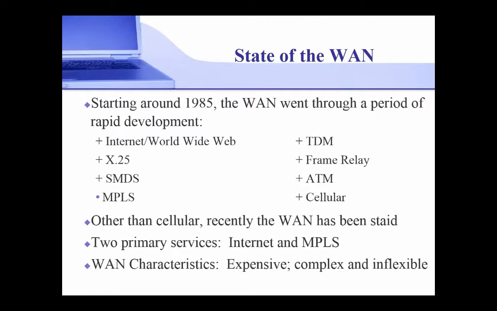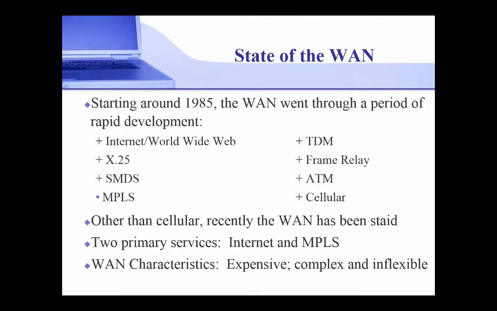And then around the year 2000, we began to deploy MPLS, multi-protocol label switching. I suggest that since around the year 2000, other than cellular, the deployment of 3G, 4G, and now we're looking at 5G, the WAN has been very staid. For example, there's no successor to MPLS in the pipeline, and we're not going to see one.